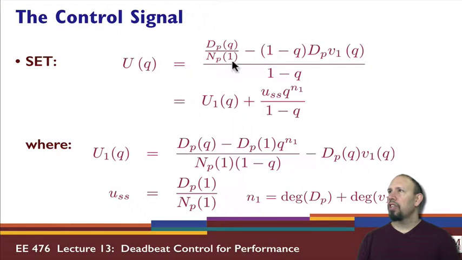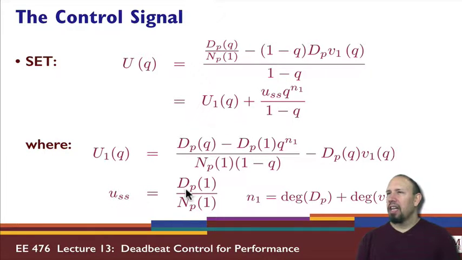So here is our signal U, and I can write it this way. And so I have U1 of Q, which is the transient portion, and then this is the steady state portion. Okay, so it turns out that we can show that U steady state is actually given by the inverse of the DC gain of the system.